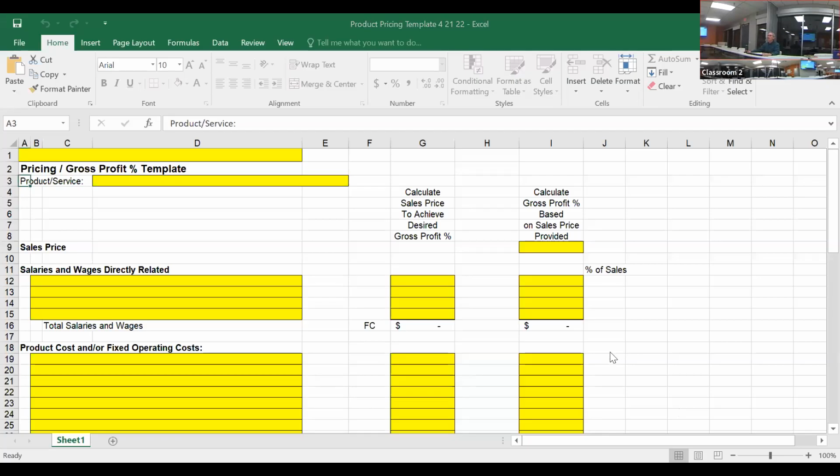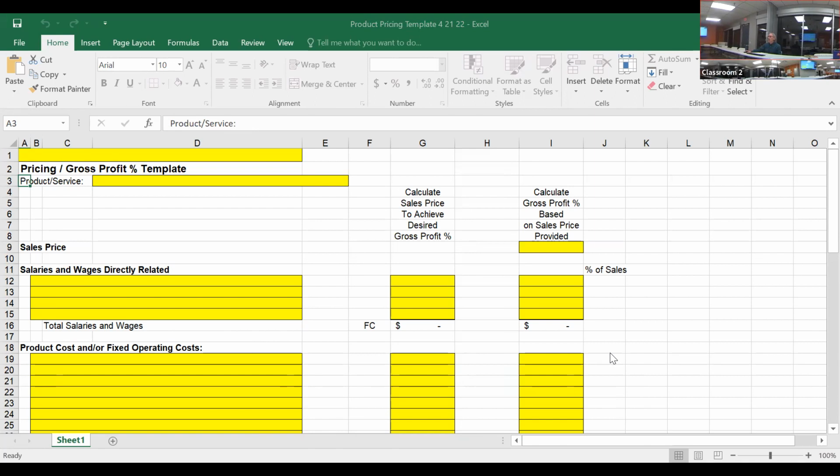Okay, so now what we're looking at is the pricing or gross profit percent template. You can see that you've got a lot of fields here. Those of you that are familiar with Excel, you've got a lot of fields here which are yellow, and those yellow fields are where you enter data.